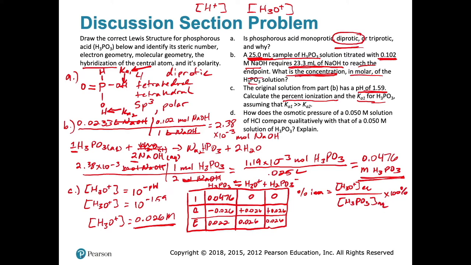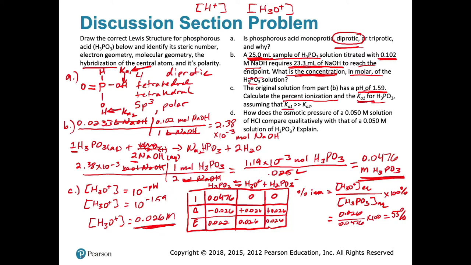And all we need to do there is get our hydronium ion concentration, which we found from the pH, which is here. So that's 0.026 divided by the concentration of the acid, which we found here, 0.0476, times 100. And what does that equal? I calculated it to be 55%. Now we'll figure out what Ka is.